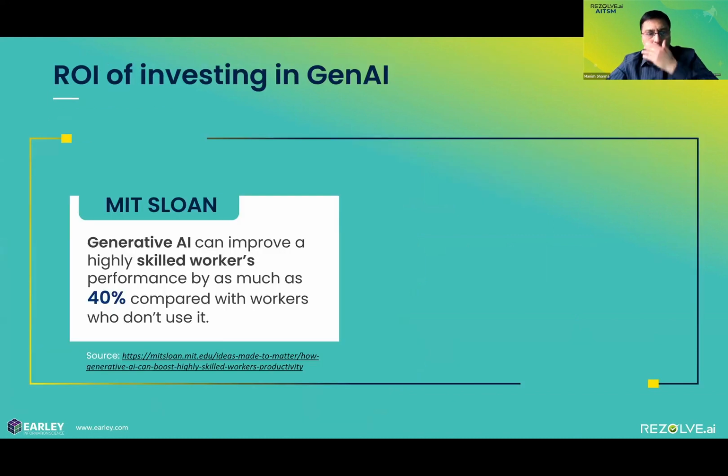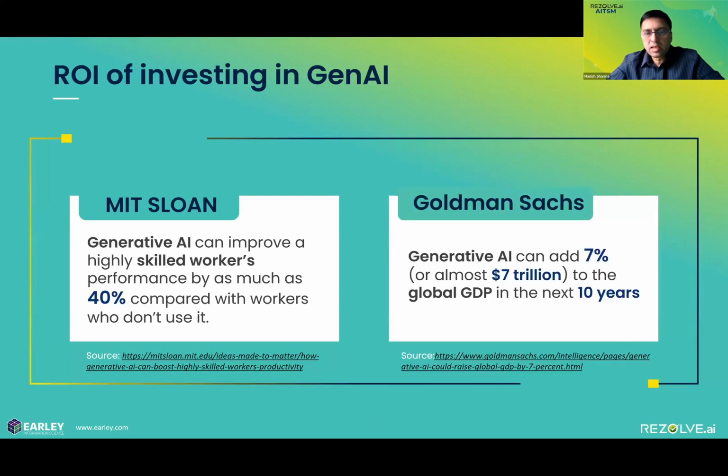So what is the ROI of investing in Gen AI? I think you would have all read plenty of material on this, but here are a couple of snippets. MIT Sloan School believes that you will see a 40% increase in productivity of knowledge workers, which is significant.